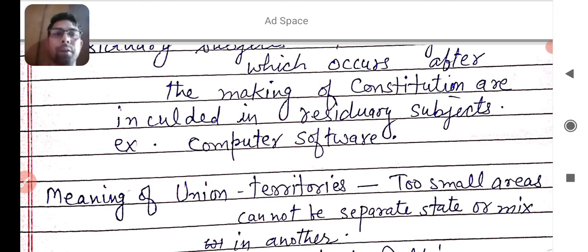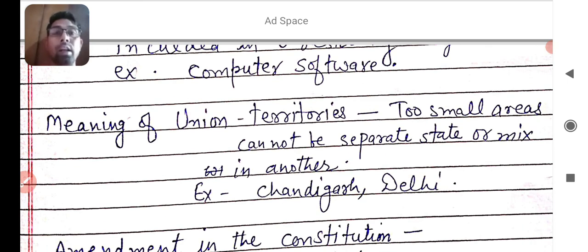And the next point of today is, as we learned, in a holding together federation some states have more power, and you know that the central government is more powerful. You can imagine that the other states have less power. This type of states we have in India are known as union territories. So what is the meaning of union territories here?